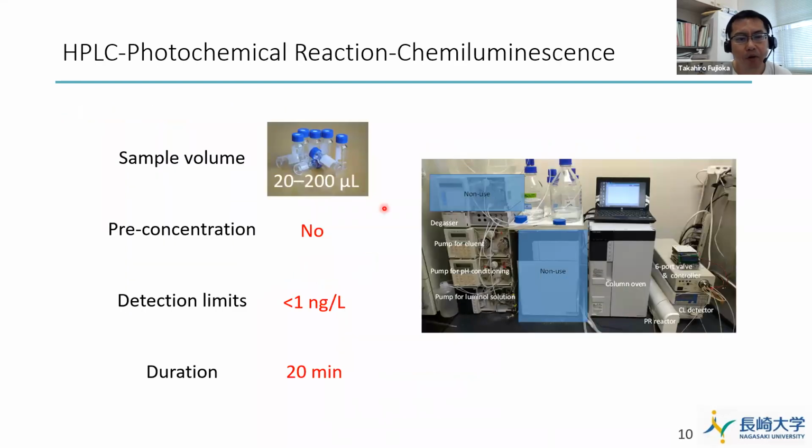Something we can make online, the best alternative is called HPLC-photochemical reaction-chemiluminescence. It requires a very small sample volume and no pre-concentration step, so we have a low detection limit, and it takes only up to 20 minutes. So this is a benchtop system originally. We'll talk about how we made it online.